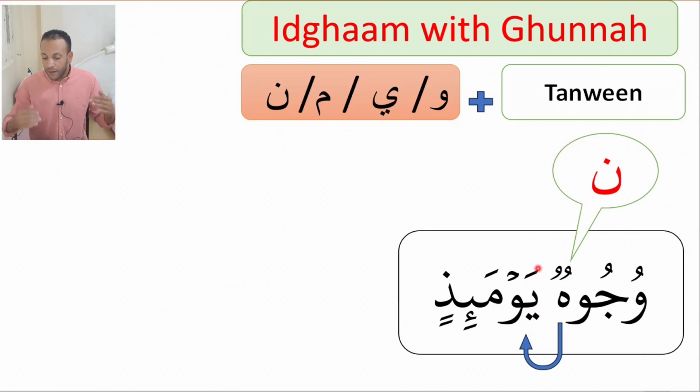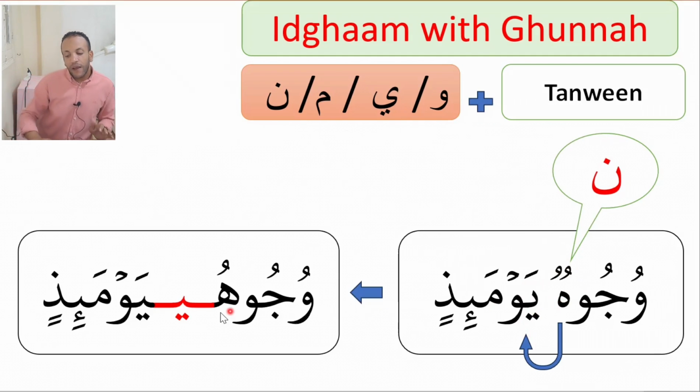What I am inserting is the noon of Tanween. Here it is the letter Ha, so it is the same letter. I am pronouncing it with Dhamma because it is originally Tanween Dhamma. And here I have this Ya written in red.